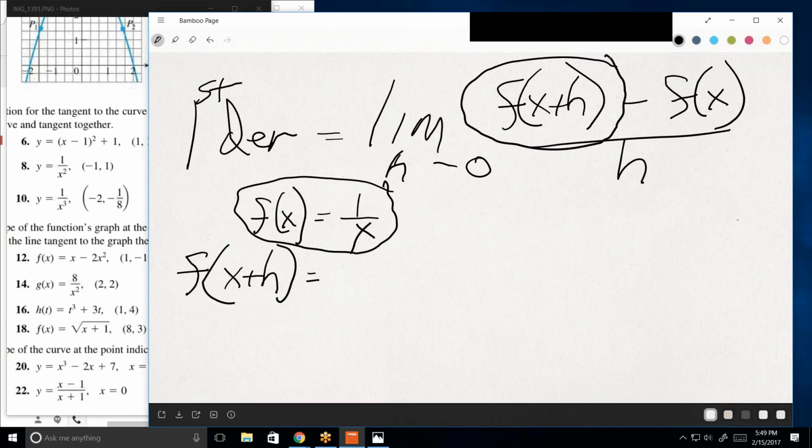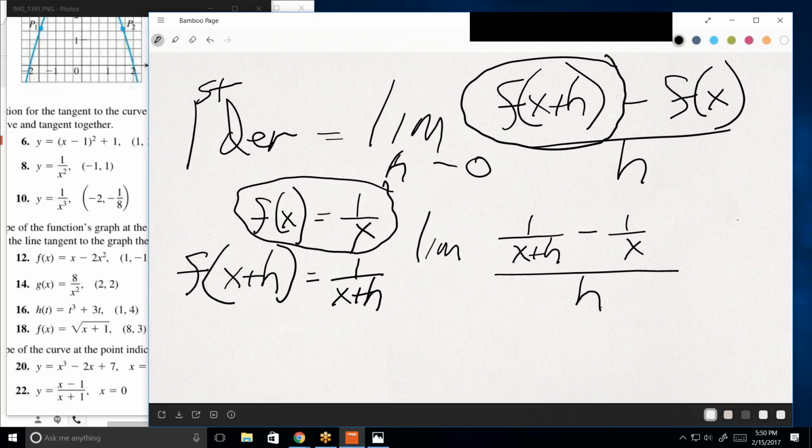So it'd be 1 over x plus h. Okay, so now this becomes a limit of 1 over x plus h minus f of x, which is 1 over x, all of it over h, and I'm going to take the limit as h goes to 0.